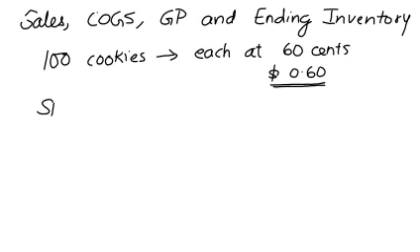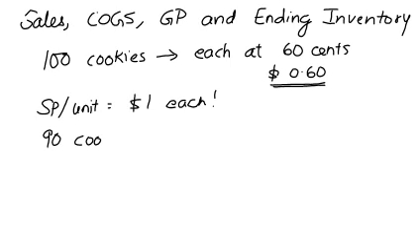So my sale price per unit is going to be $1 each. Now, when I try to sell the cookies, I obviously want all the 100 to be sold as quickly as possible. However, let us say I end up selling only 90 cookies. So 90 cookies are sold.